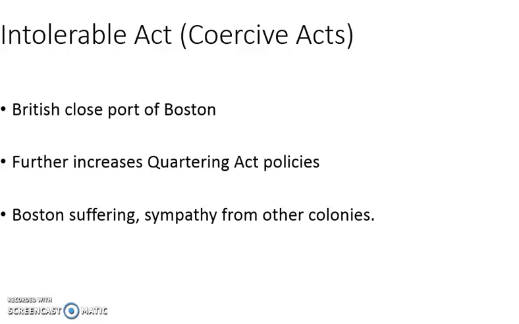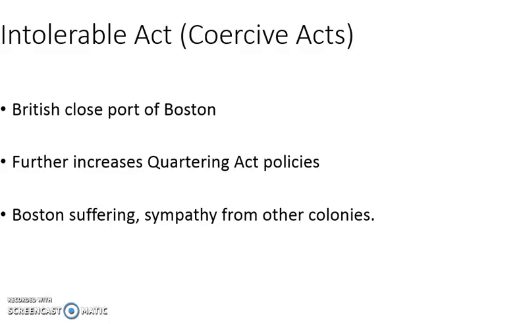The next thing that caused the Revolutionary War would be the Intolerable Acts, otherwise known as the Coercive Acts. Basically, several different things happened from these. First of all, the British closed the port of Boston and implemented all kinds of taxes, still without any representation.